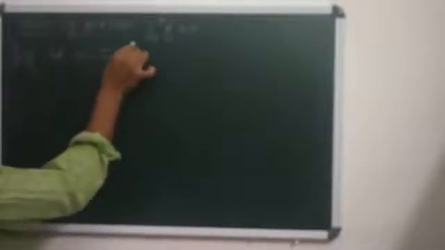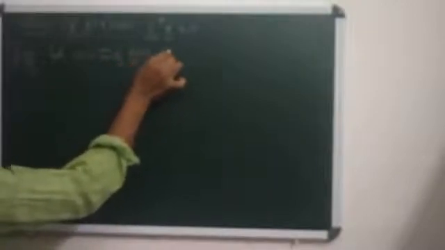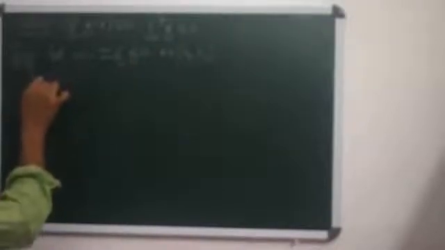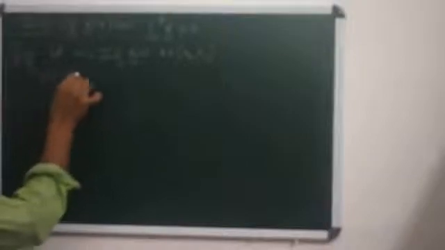How to prove this? Come to the proof. Let small m equal the infimum of f of x, where x falls in the closed interval [x_{k-1}, x_k]. Similarly, let capital M equal the supremum of f of x for all x in the closed interval [x_{k-1}, x_k].